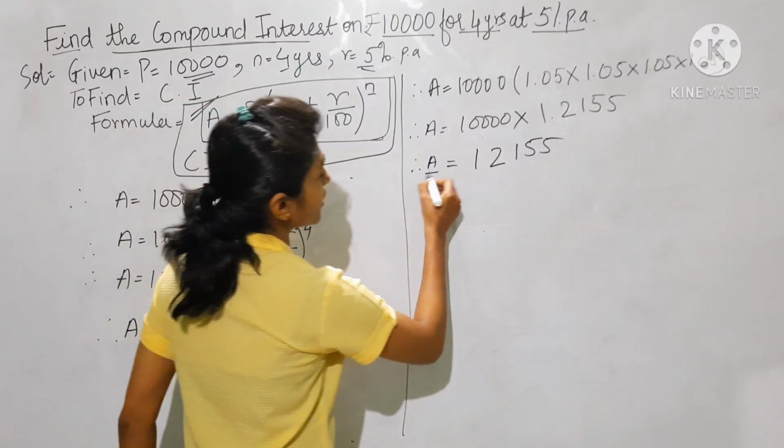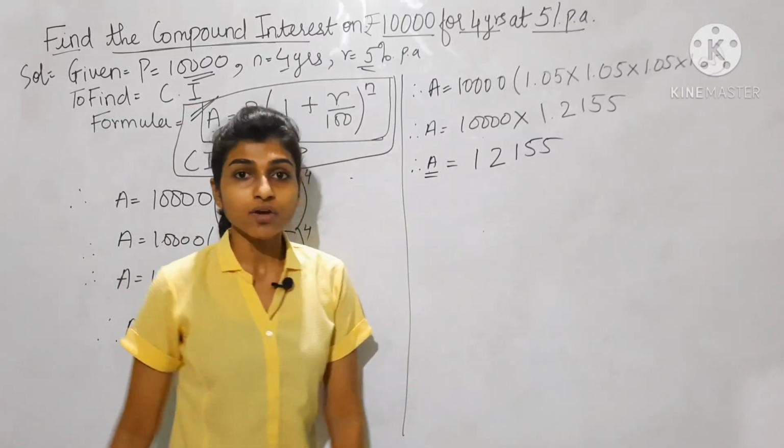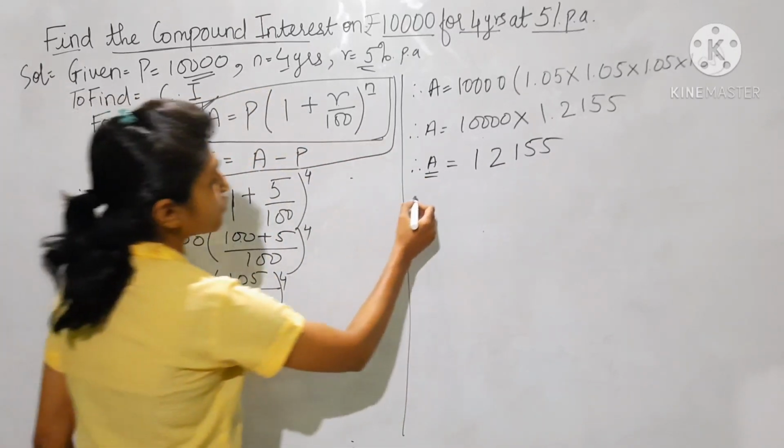Then you have got the amount. Okay, amount value is how much? 12,155.